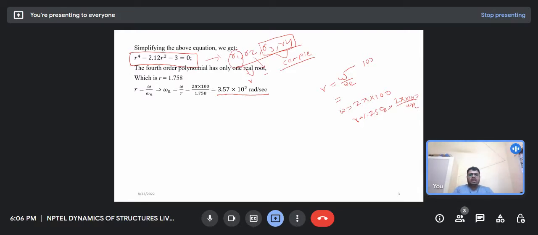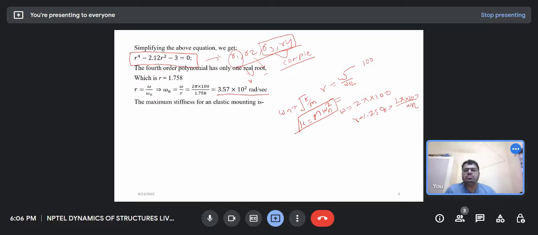Okay. So now if you have the omega n, now you have to find out the stiffness. So what is your stiffness? Omega n is equal to square root k by m. So what is your stiffness? It would become k is equal to m omega n square.